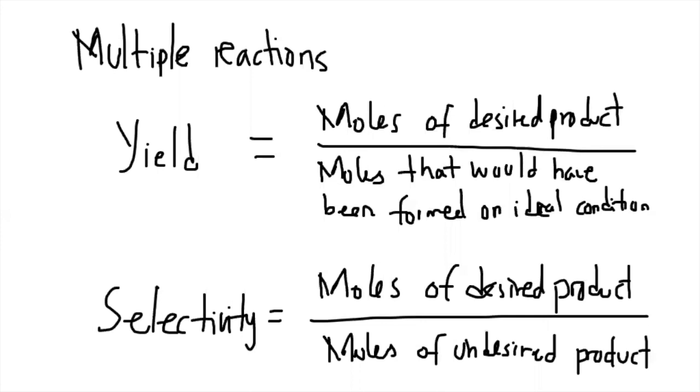And we can also have the selectivity, which is the moles of the desired product that is formed over the moles of the undesired product that is formed. If the selectivity is very, very low, it means that probably you are not getting what you want. But if it is high, it means that you're really getting what you are expecting in this reactor.